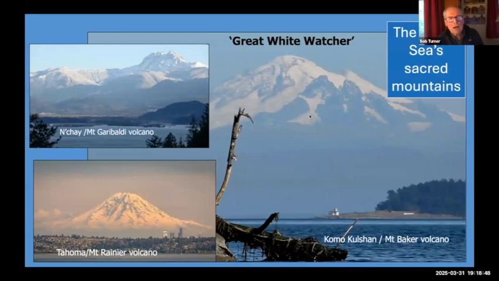And Enchikai, Mount Garibaldi, Tahoma, Mount Rainier, Kulshan, Mount Baker are the three big volcanoes that are visible from various parts of the Salish Sea. There are more Cascade volcanoes that hide back in the backcountry, like Glacier Peak up the Skagit Valley and Mount Meager up the Harrison River. But those we don't see and we don't typically associate with the Salish Sea.